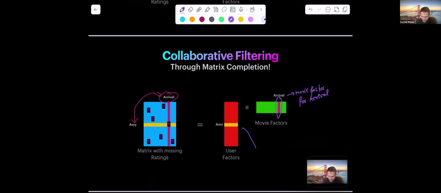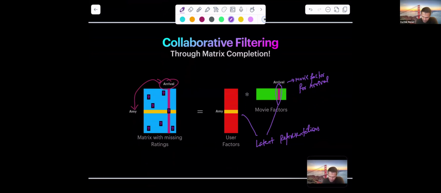Note that these factors are actually what are called latent representations. Latent is another synonym for hidden.